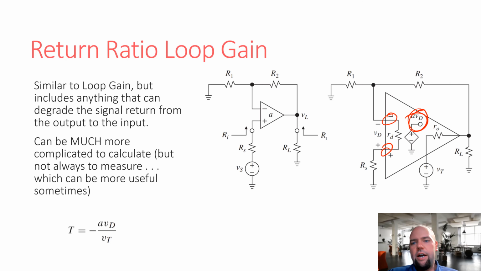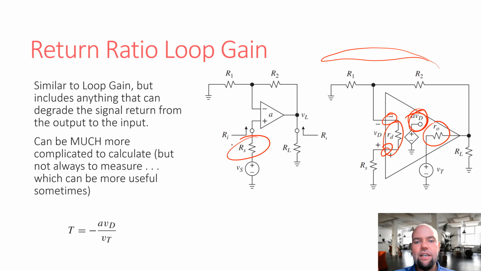So this can take into account this output resistance. It also takes into account the effect of the feedback resistances, and it can also take into account this input resistance. And in this case, we can even model our input supplies as impacting this too. So series resistance in our supplies will also have this effect.